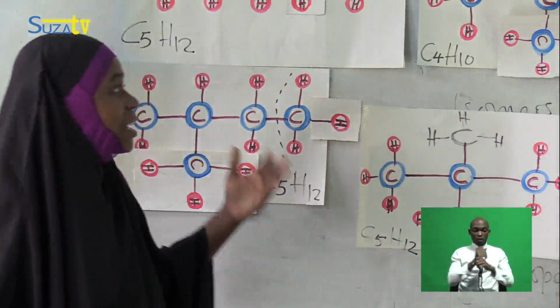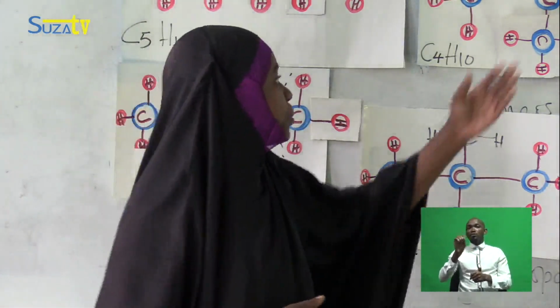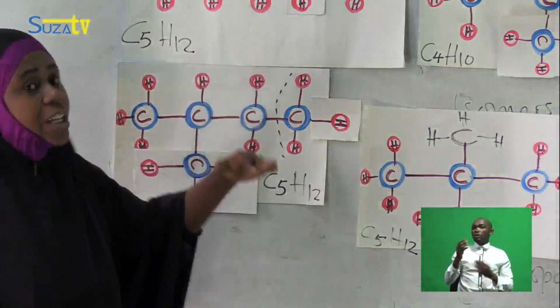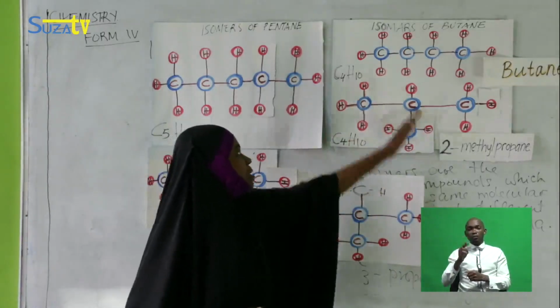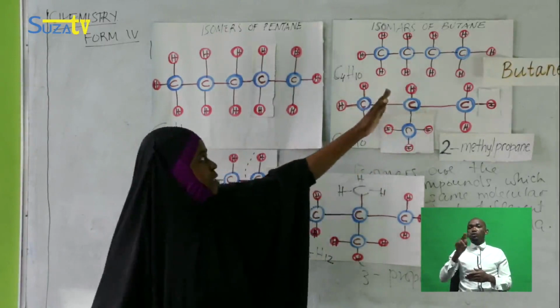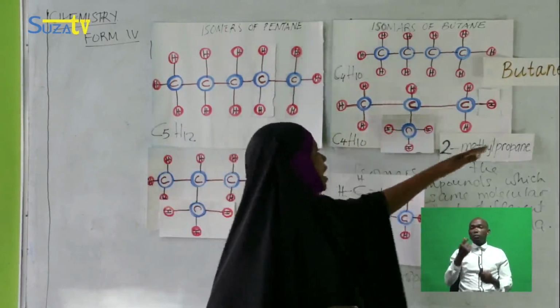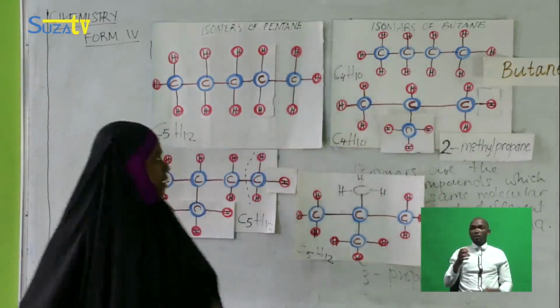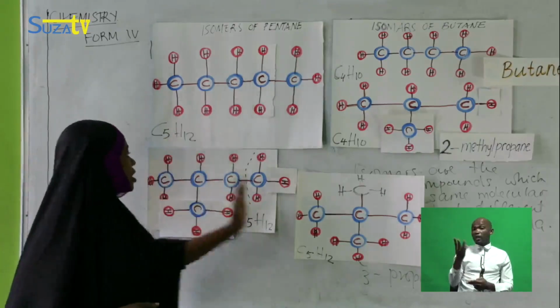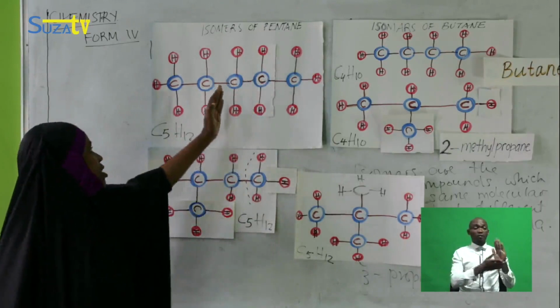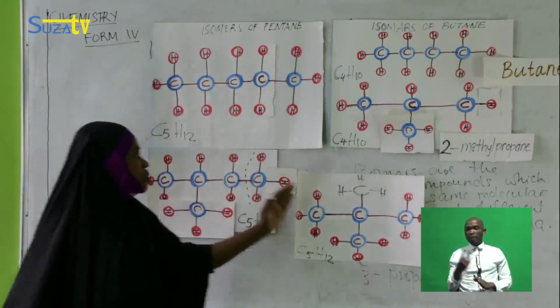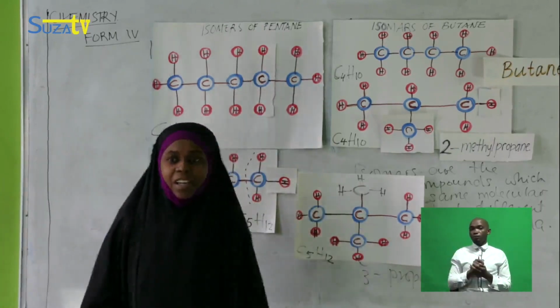But we can get isomers from butane and pentane. We have 2 possible isomers from butane, that is butane and 2-methylpropane. And also we have 3 possible isomers from pentane, in which the first one is this one, the second one is this one, and the third one is this one.